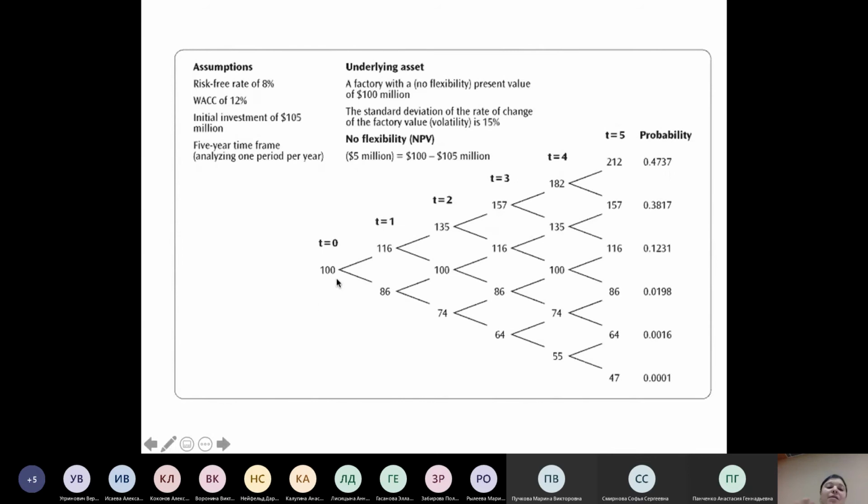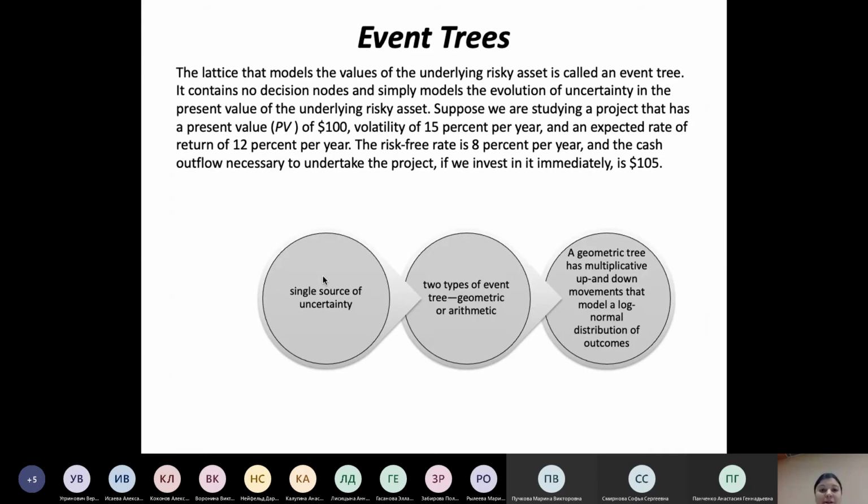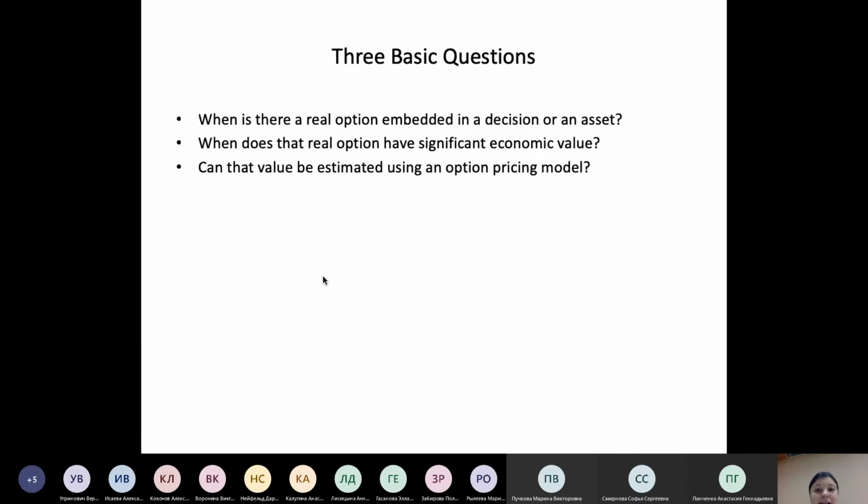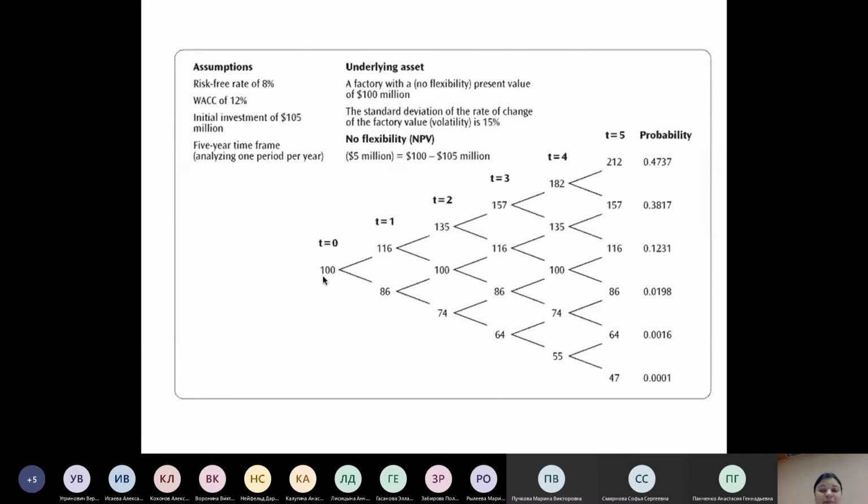First of all, in our stable, predictable scenario, our cash inflows are $100. But we have to add the variety, the component of our volatility of 15%.